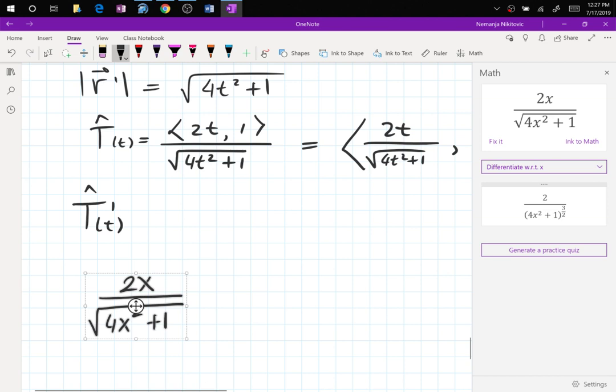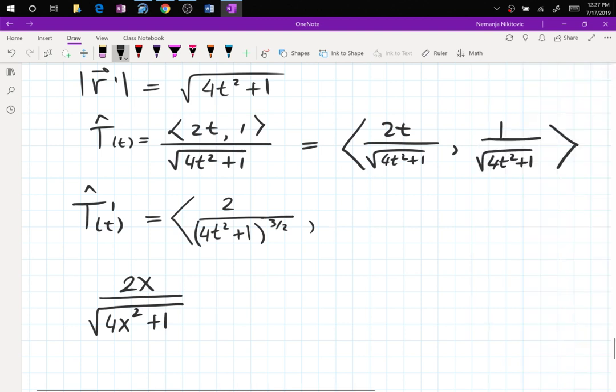That's how you fast differentiate these things. Otherwise you sit there for like 25 minutes figuring it out, which is the reason why we are not going to sleep here tonight, right? We're all going to get to go home. So the derivative of the first component is 2 over 4t squared plus 1 to the 3 halves.